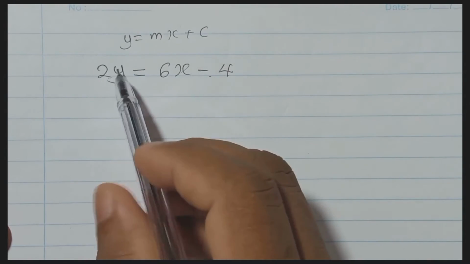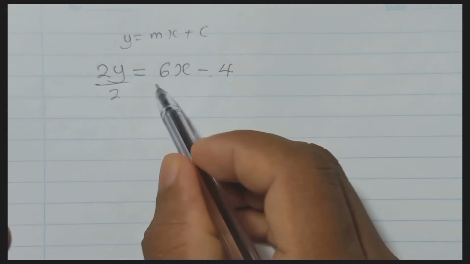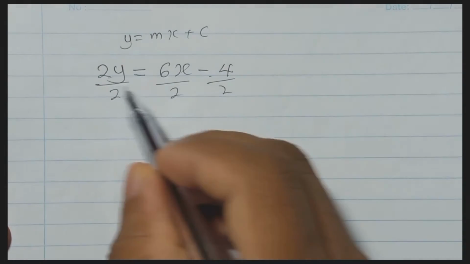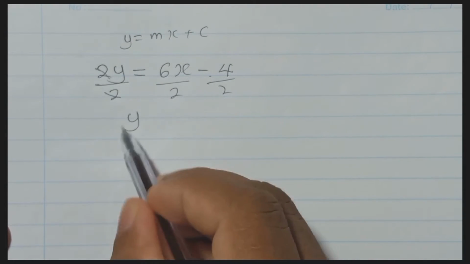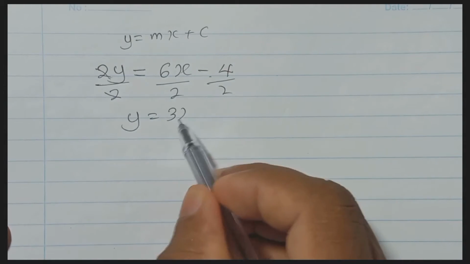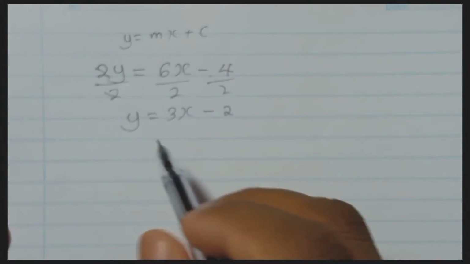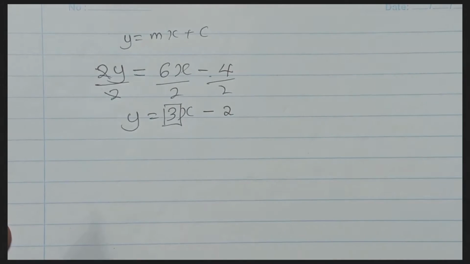To remove this 2, very simple, divide all the terms by 2. Then you will get y equals 3x minus 2. Okay, now you can tell 3 is the gradient.